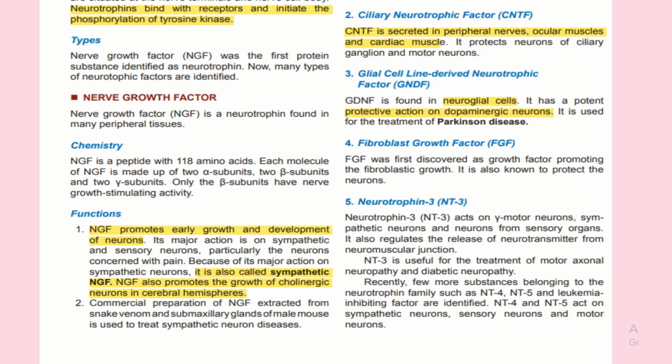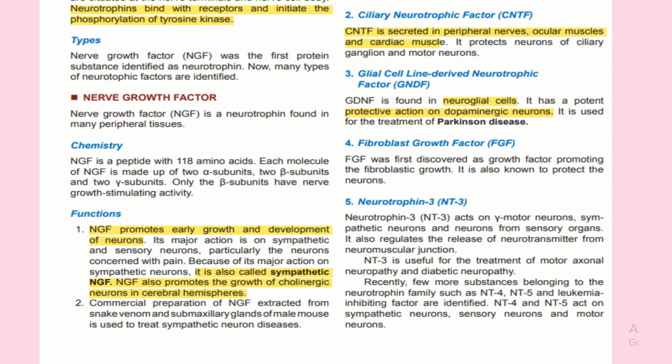Then we have fibroblast growth factor. FGF was first discovered as the growth factor promoting fibroblastic growth. It is also known to protect the neurons. Neurotrophin 3 or NT3 acts on gamma motor neurons, sympathetic neurons, and neurons from the sensory organs. It regulates the release of neurotransmitter from the neuromuscular junction.